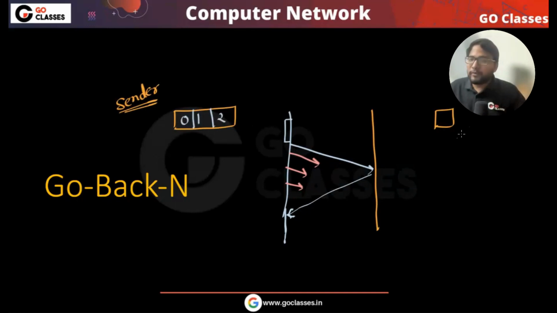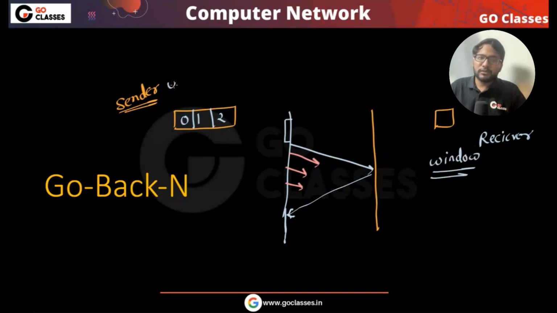But the receiver will be waiting just for one frame, which means it will be waiting first for frame number 0. Once it receives that, okay, frame number 0 has been arrived, then it will say that now I'm waiting for frame number 1. Once frame number 1 arrives, then it will say that now I'm waiting for frame number 2. So basically there is a receiver window. This is called the receiver window. This is called the sender window.